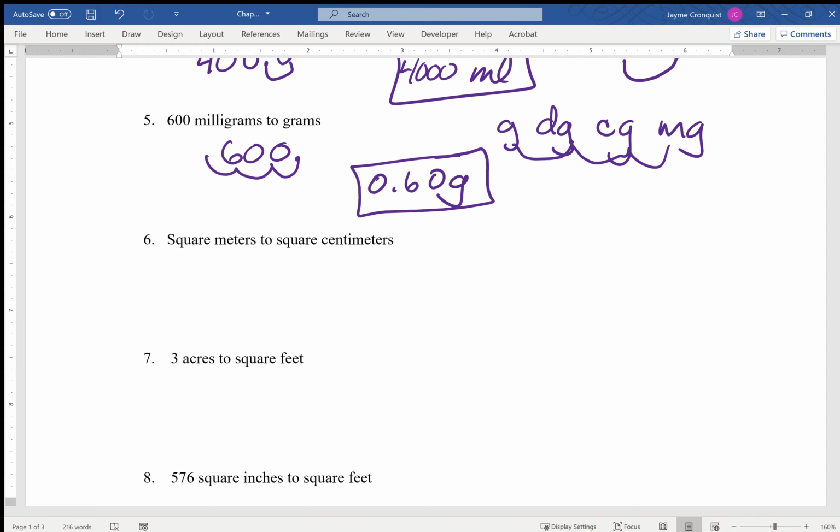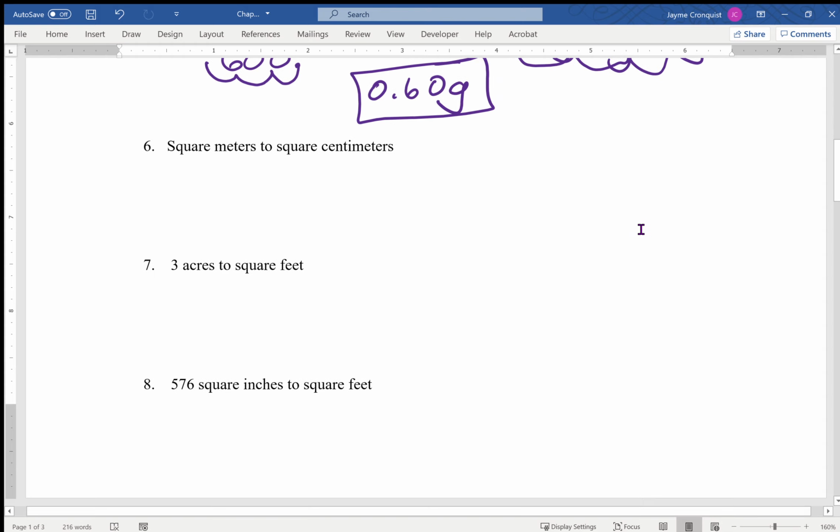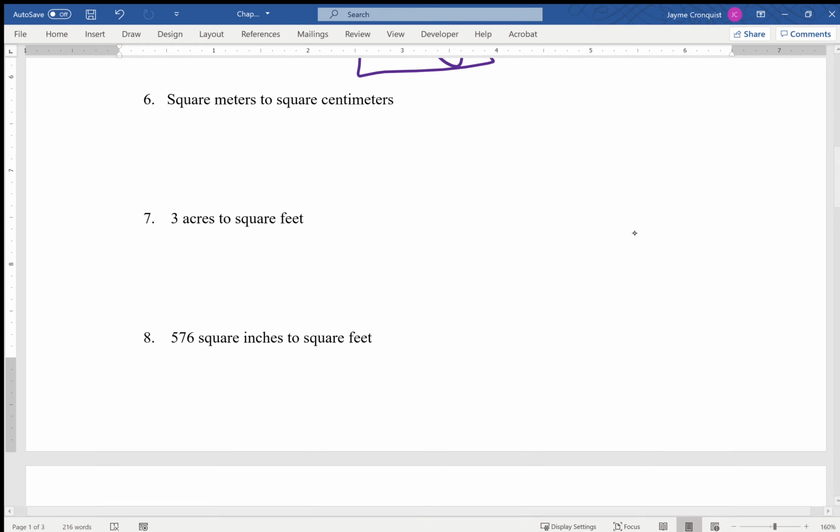Okay. Square meters to square centimeters. We do have that conversion. Square centimeters to, whoops, what are we doing? Square meters to centimeters.